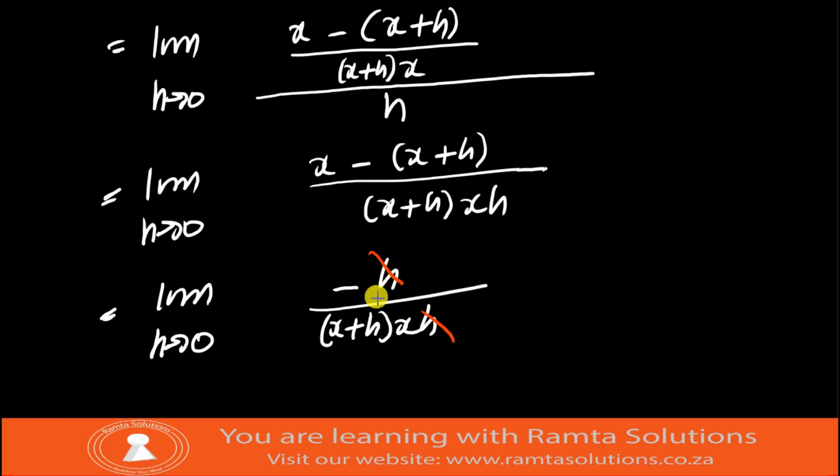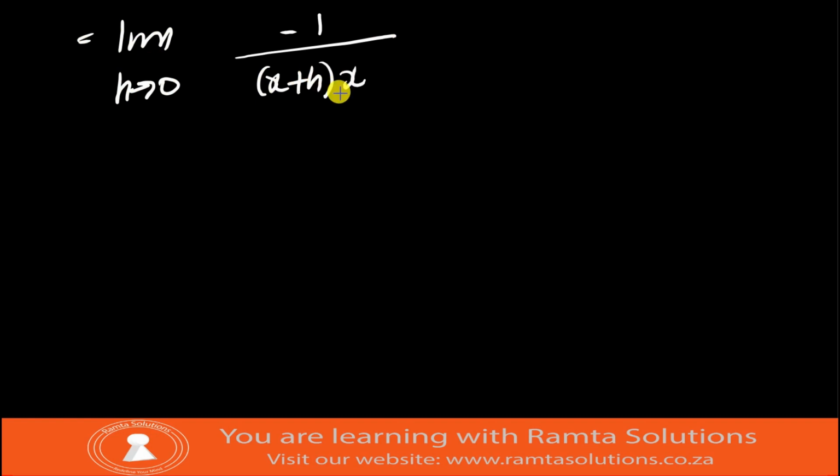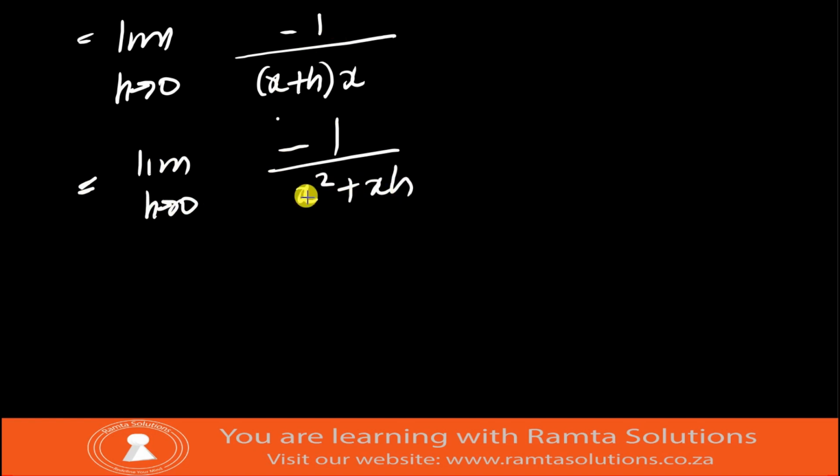Now we will be left with minus 1 over, I will show you just now. We are left with the limit as h tends to 0 of minus 1 over x plus h times x. If you like, you can also call it x squared plus xh, right?